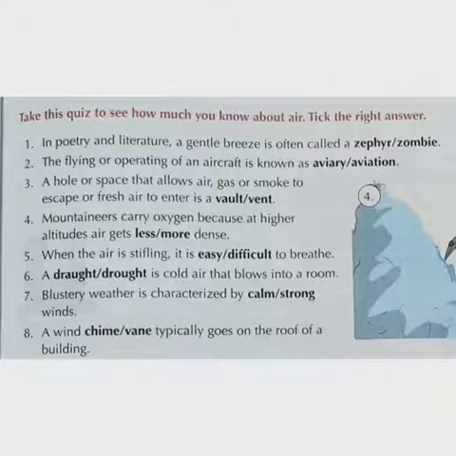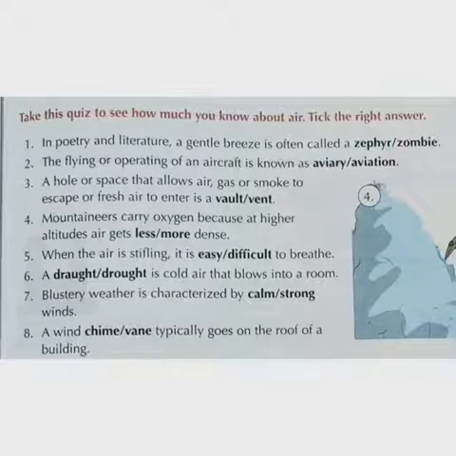Third one, a hole or space that allows air, gas or smoke to escape or fresh air to enter is a vault or vent. An opening that allows air or gas or smoke to pass out or enter is called vent. Second is the answer.